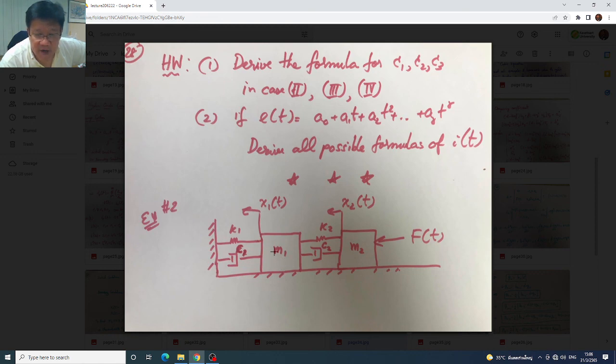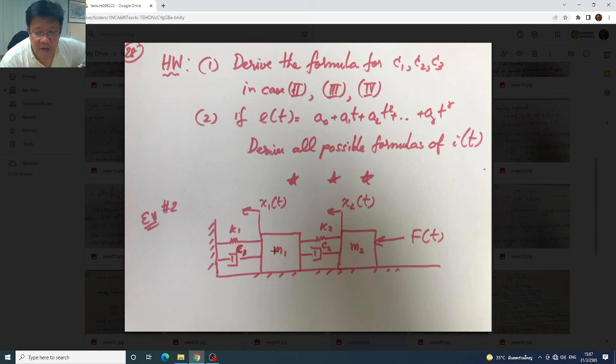The mass m sub 1 has two springs and two dampers connected to it. This causes the movement of x sub 1 here.